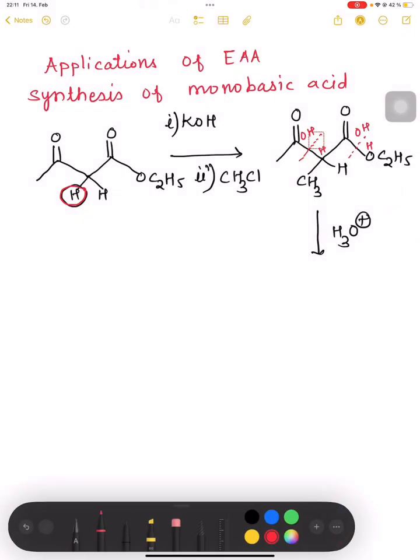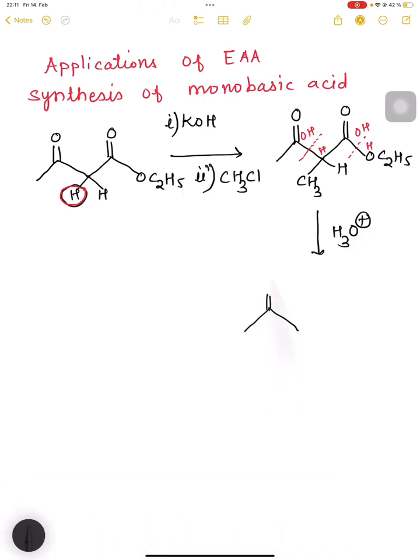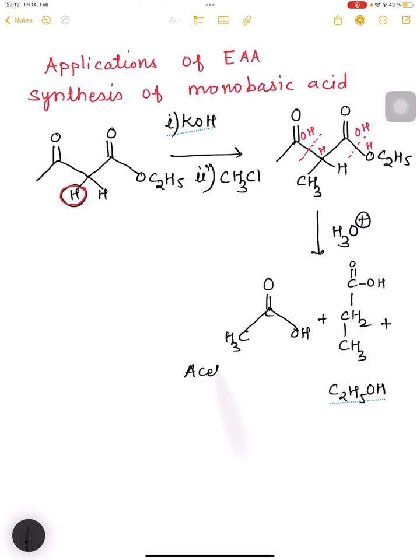Then you will get C double bond O OH plus CH3 CH2 C double bond O OH plus C2H5OH. This first one is CH3COOH, so we are getting acetic acid as one of the compounds. Then this is propanoic acid.